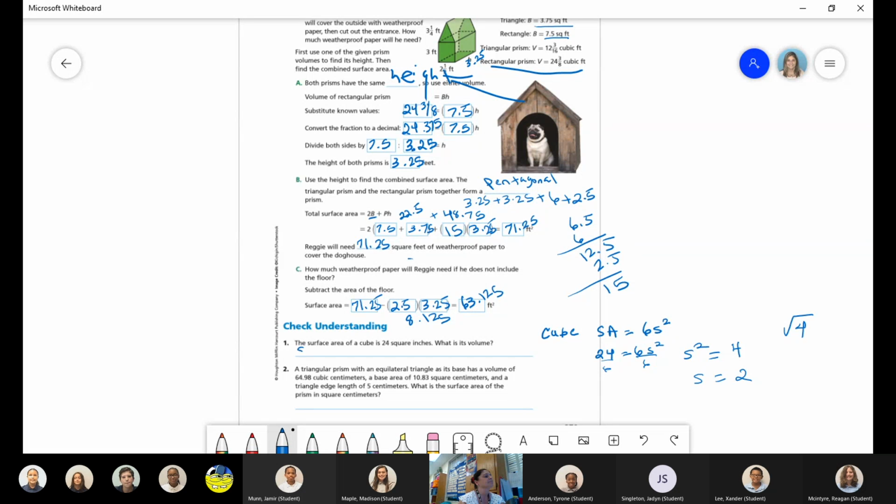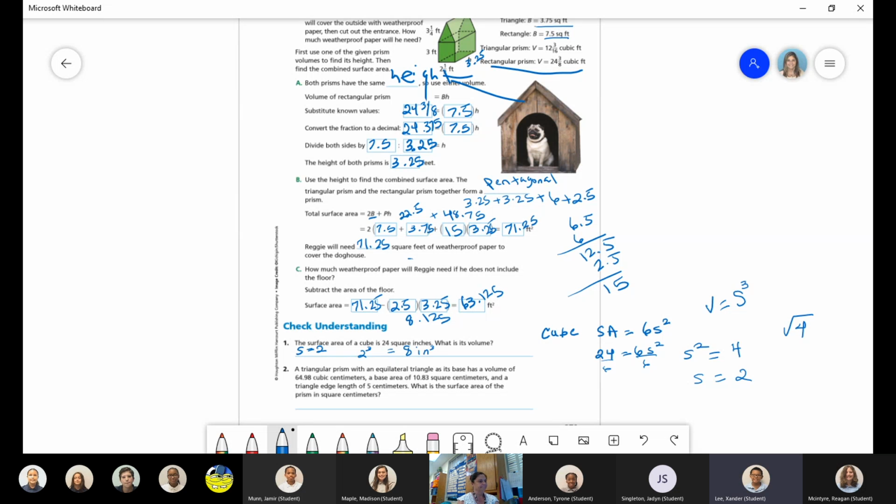So if the side is 2, what is the formula for volume? S to the what power? Third. Yep. So that would be 2 to the third, which is what? 8. Yep. 2 times 2 is 4, and 2 times 4 is 8. So it would be 8 inches cubed.